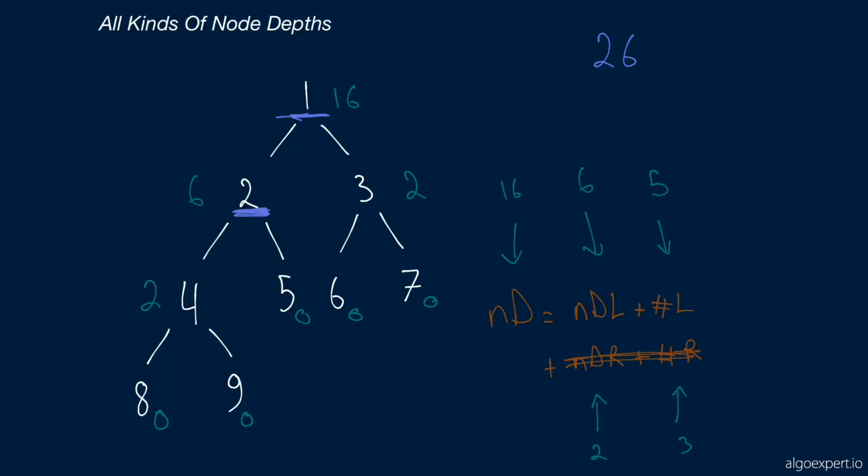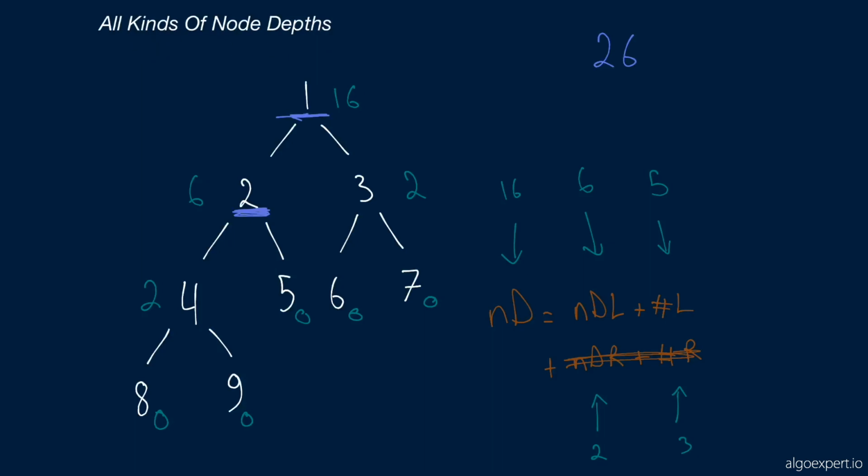But the point is, this number of nodes in a binary tree isn't difficult to get. It's pretty trivial to compute that. And that is the key to this formula here and to this overall algorithm. This is what's going to allow us to solve this question in linear time.